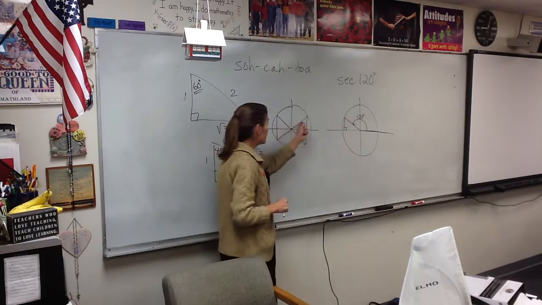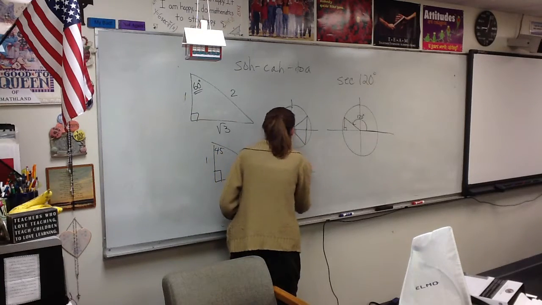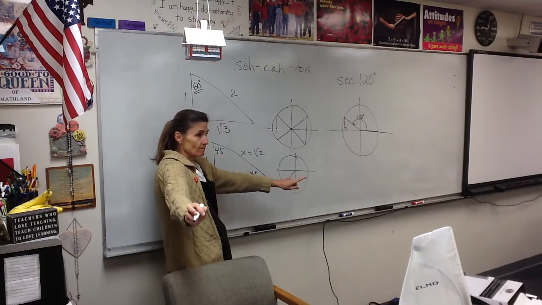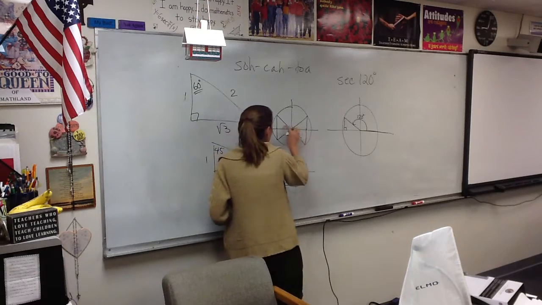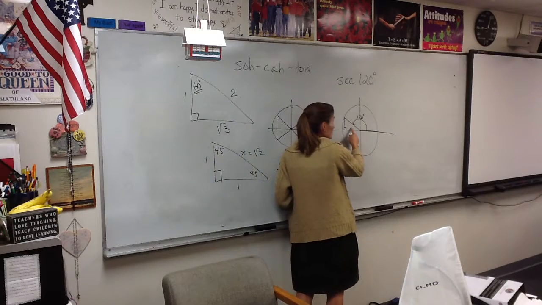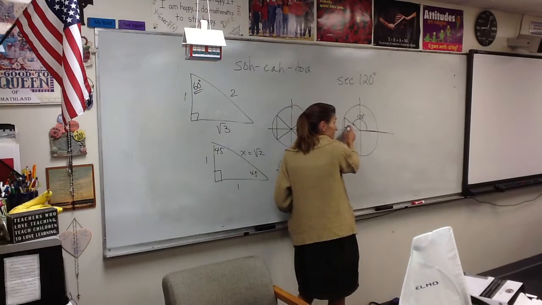You will always be drawing one of these four triangles. You will never, ever draw a triangle like this. Never. Your triangle will always be one of these four. We happen to be in quadrant 2 because our angle is 120, so we have that piece of the butterfly bow tie.